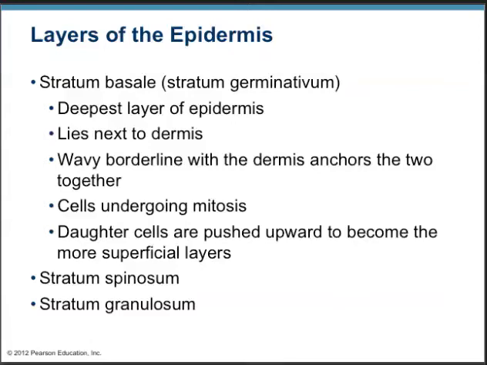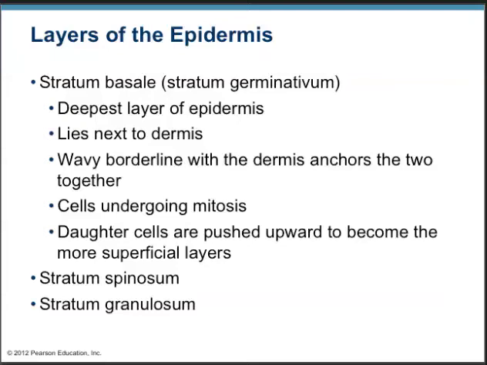The stratum spinosum is nicknamed the spiny layer because the cells in this layer are beginning to undergo a slow process of cell death. Their cytoplasm is beginning to shrink, and as a result, the cytoskeletal elements are beginning to become enhanced against the cell membrane.